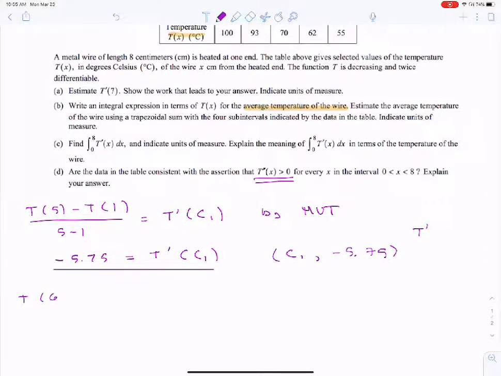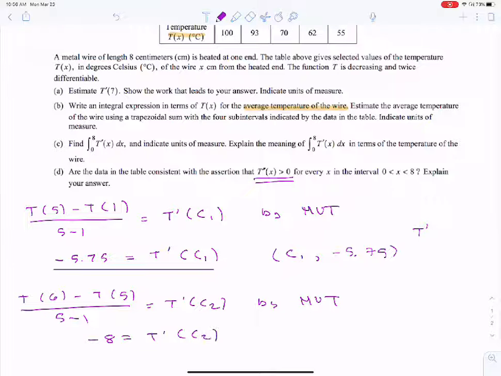So from T of 6 minus T of 5, there has to be a C in that interval such that this is true. And how do I know that? By the mean value theorem. And we found that number to be -8. So at C2, T prime equals -8.